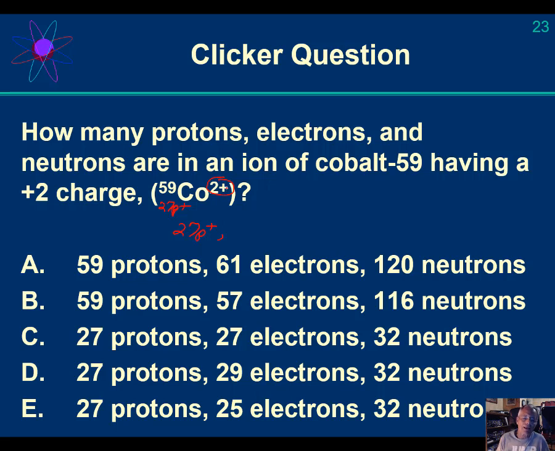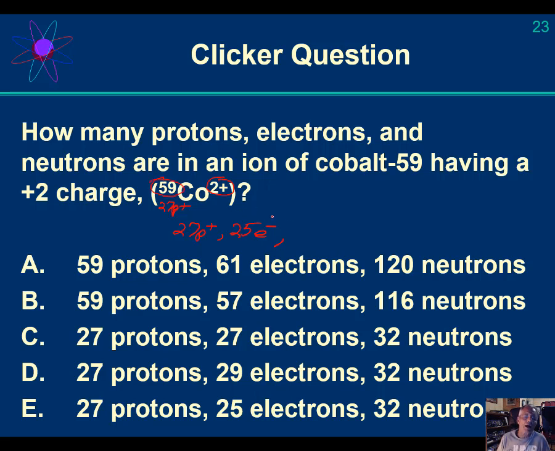Electrons have a negative charge. So if two negative charges have left, you have two more protons than you do electrons, so that leaves you with 25 electrons. Remember, electrons are negatively charged, so if something has a positive charge, it means it's lost negative charge. It's still cobalt 59.